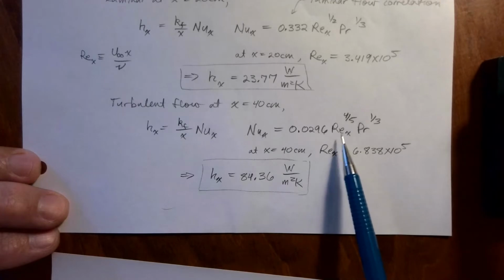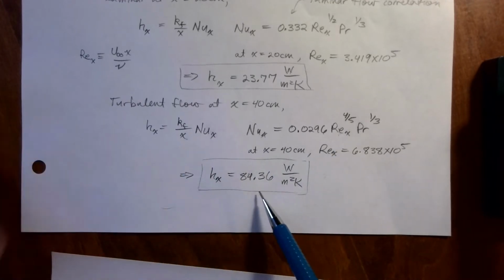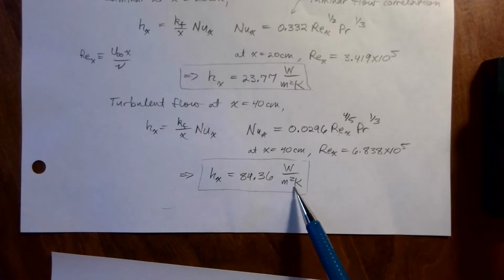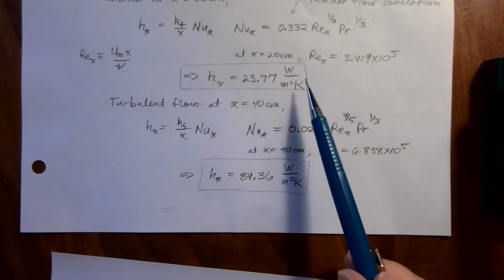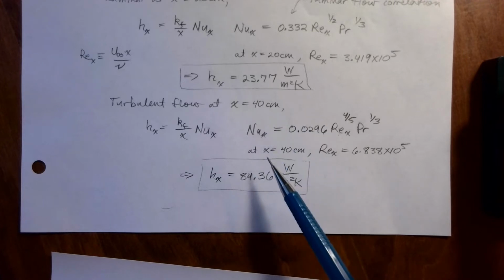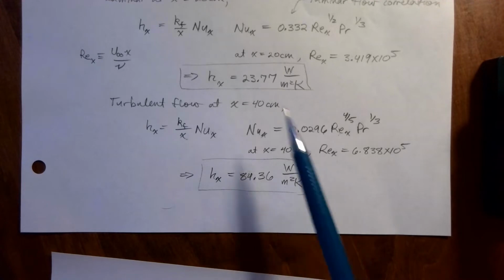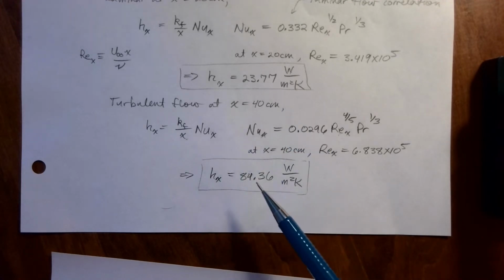Substitute in 40 centimeters now for the Reynolds number and here for X, and we'll get 84.36 watts per meter squared K for H. So in the turbulent region, H is higher than in the laminar region. That's not always the case, but for smaller X values that's the case, because remember that as you move farther down the plate, so as X increases, H is also going to decrease in the laminar region and also in the turbulent region.